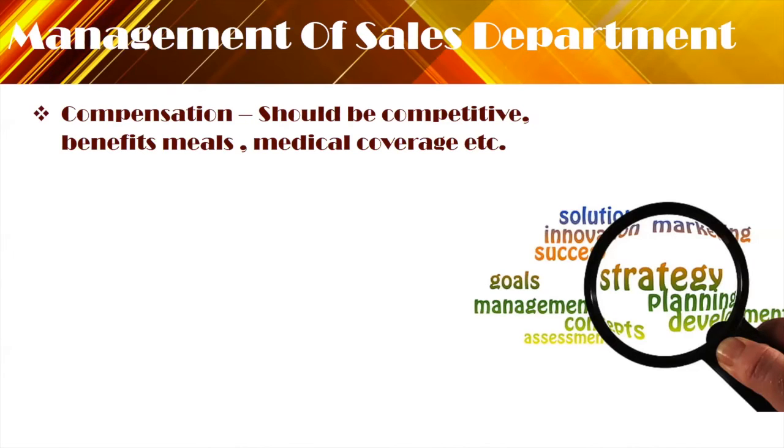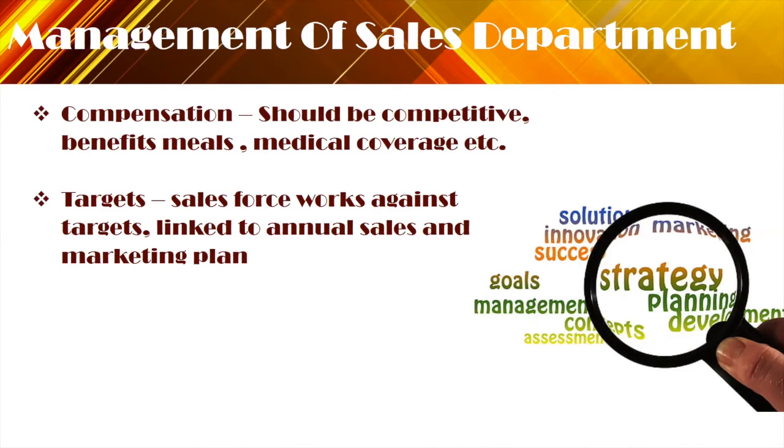First is the compensation, wherein the sales manager ensures that the way we compensate the sales representatives, the money that we give them, should be competitive, as in keeping with whatever compensation is being given by the competition, what is the market rate of remuneration being provided to the sales representative, various benefits, meals, medical coverage, etc., so that the employee of the sales department is happy and is able to perform to the best of his or her potential.